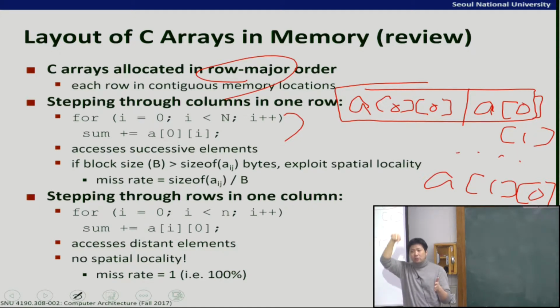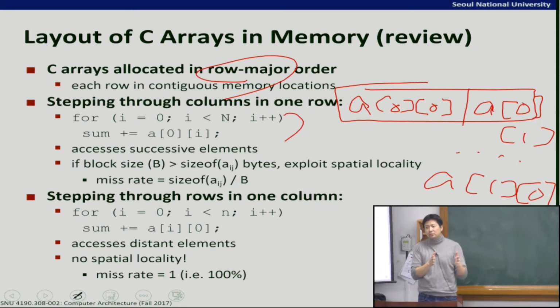The next 3 requests will hit in the cache, because a single block contains 4 doubles. The next access causes another cache miss, the entire block comes into the cache, and it is followed by 3 cache hits.